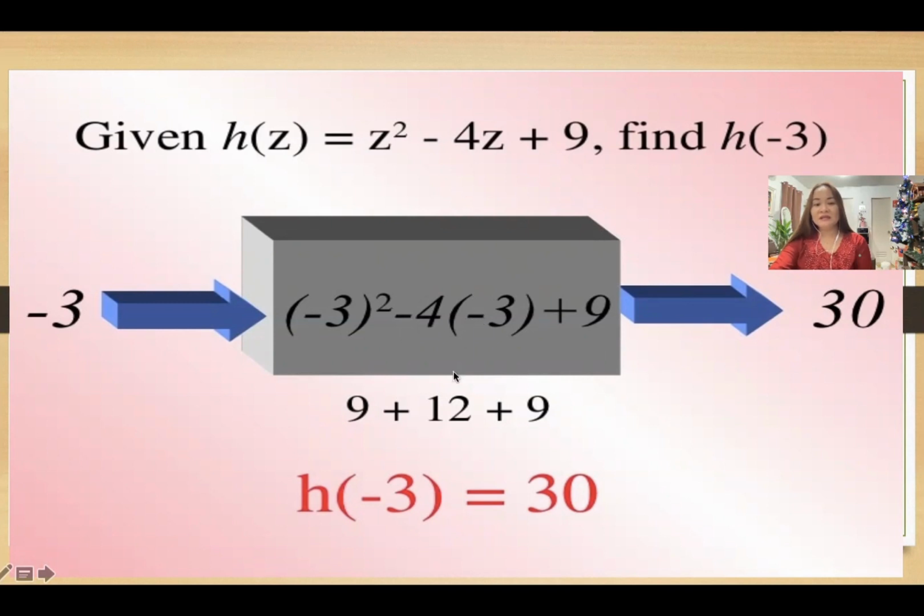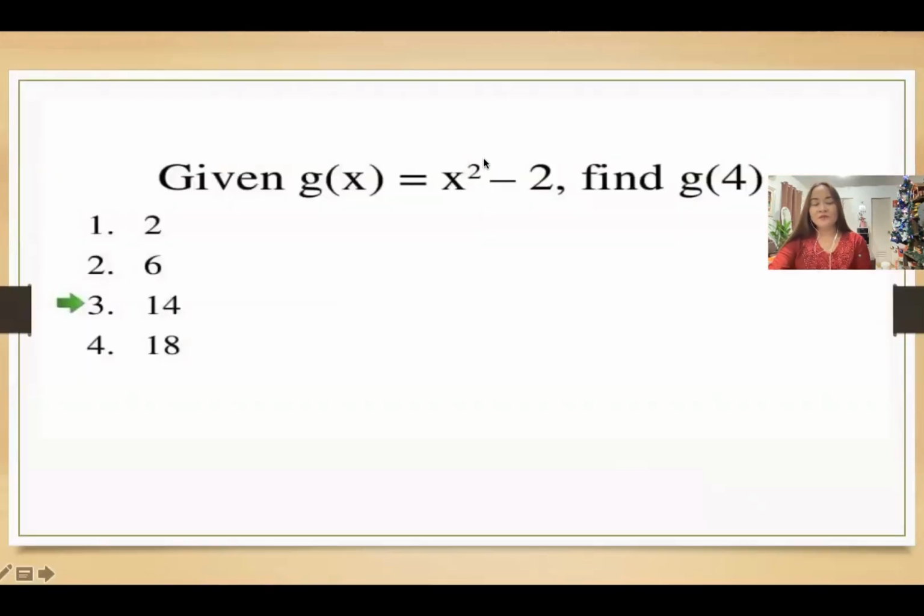Negative times negative, positive 12, plus 9. You are going to follow PEMDAS: power, multiply or divide, add and subtract. So 9 plus 12 plus 9 is equal to 30. So the answer here is 30.